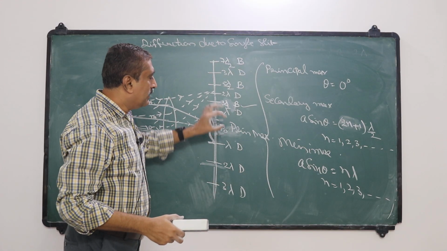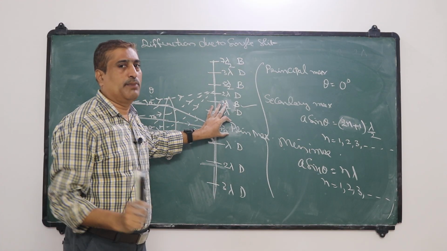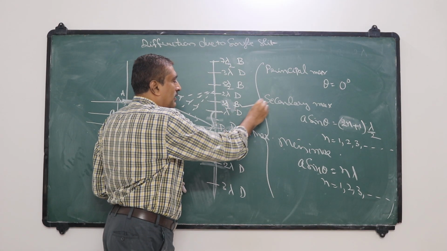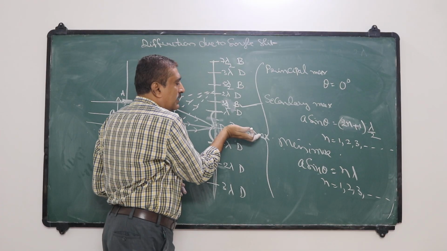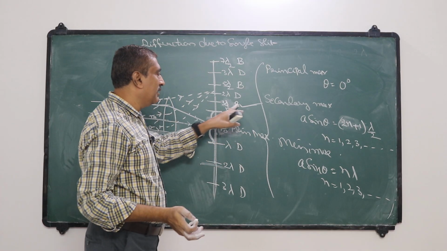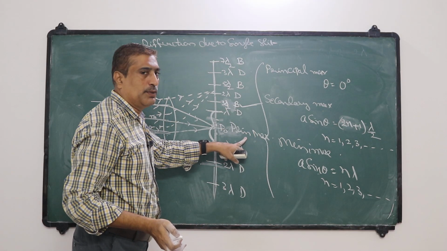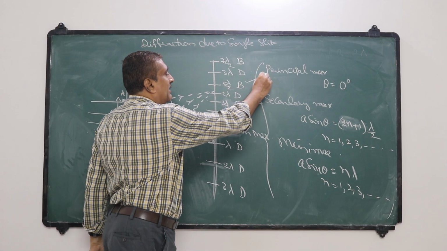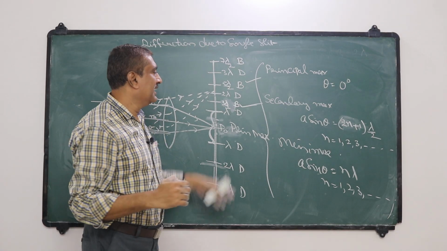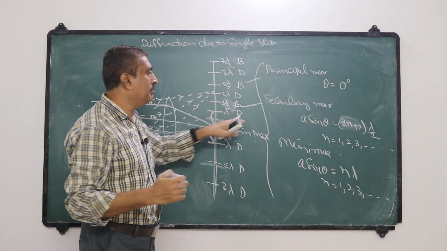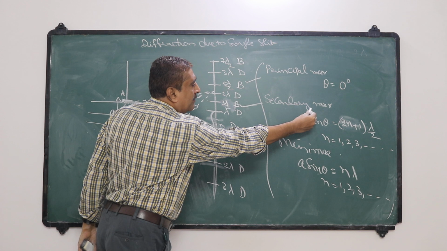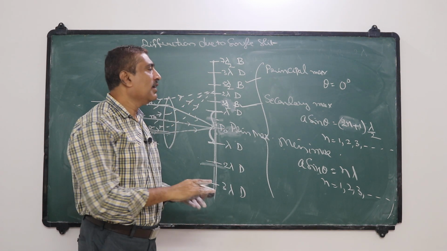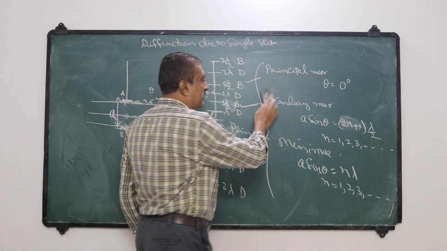Out of these the principal maximum is of highest brightness, and next one, the first order secondary maxima is lighter, that means intensity of this is less than that of the principal maxima, and the second order secondary maxima is of lower intensity than that of the first order. That means as the order of the secondary maxima increases, the intensity of that bright band decreases. Why it decreases, let us see.